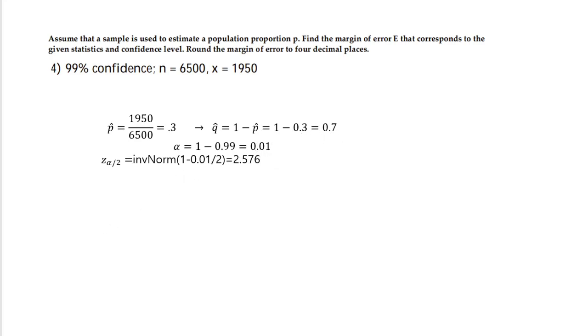Now just plug it into the formula for the margin of error, and you punch this into the calculator, and you're going to get 0.0146. And you do it like this.